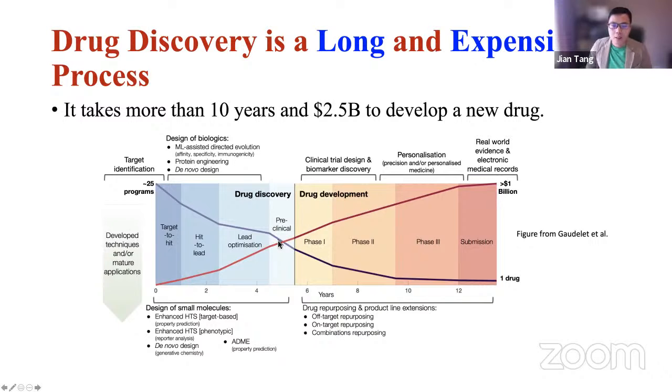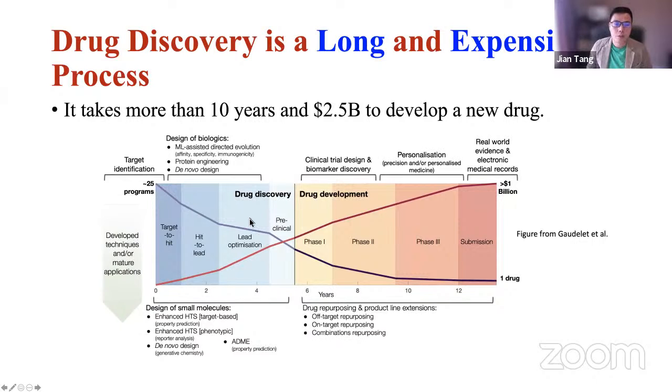Later, these candidates will be sent into preclinical trials, where we mainly evaluate those candidates on animals. If they're able to pass the preclinical trials, they will be sent to the clinical trials for evaluation or validation. So in general, this is a very long process and really expensive.